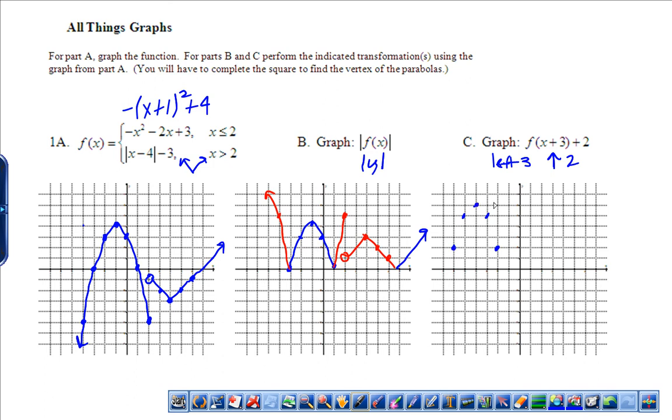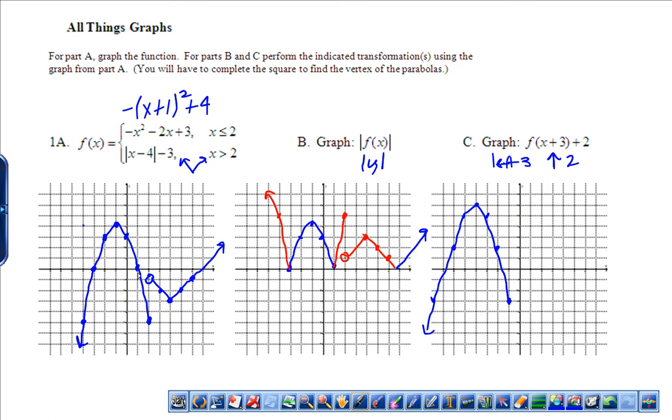And then do 1, 2, 3, and then 1, 2, 3, 4, 5, 6, 7, 8, 9. And this is going to connect and symmetry over. And this is going to be an arrow.